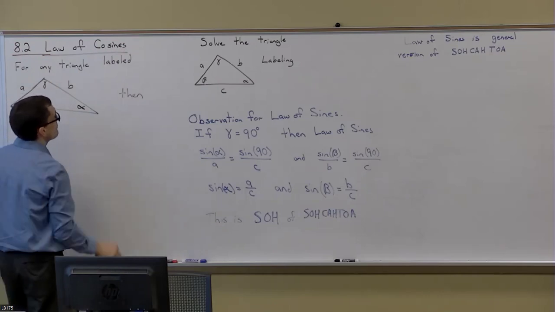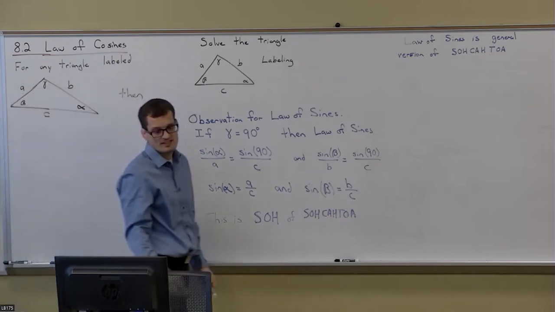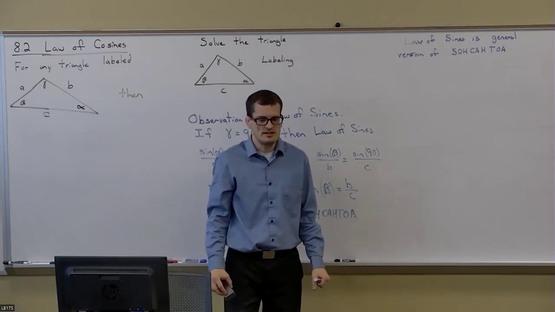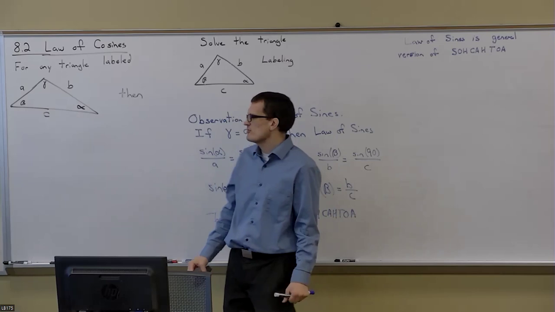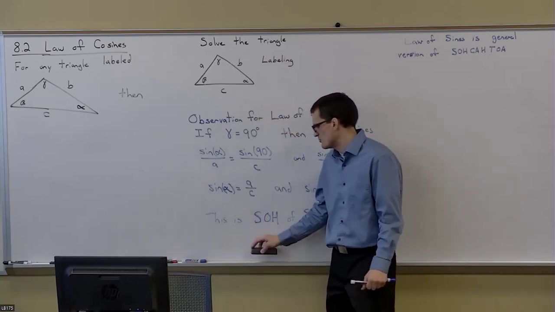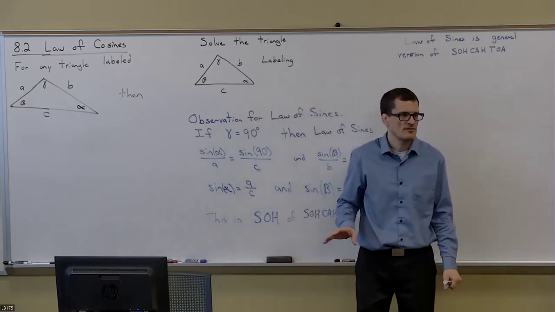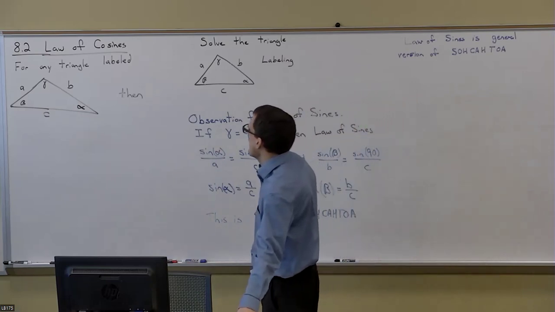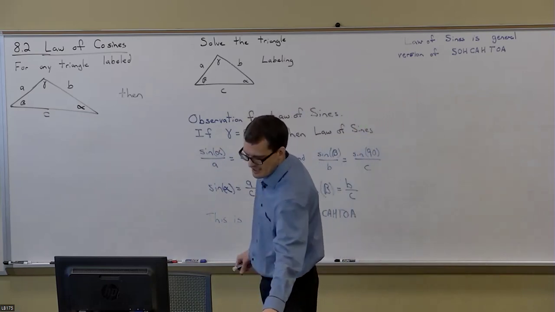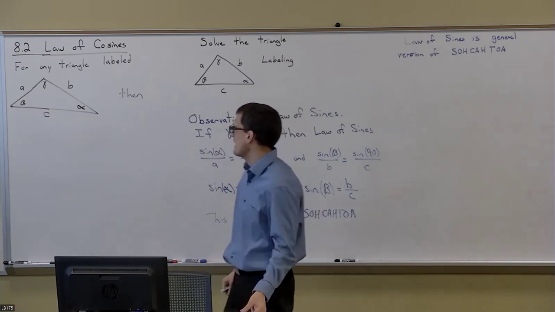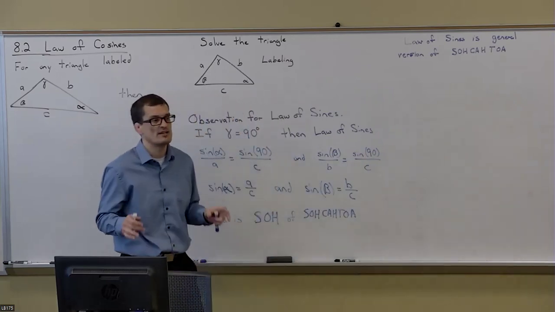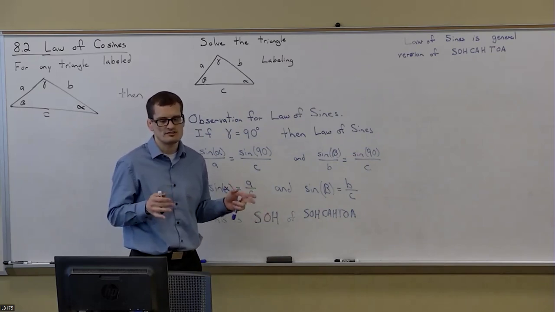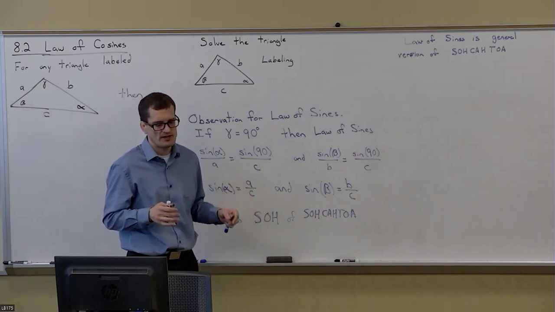Now, the law of cosines is messier. Not in the sense of how it's done, but it's just messier looking because there's more variables around. Okay. And what it is, it's kind of like the Pythagorean theorem adjusted. So it's an adjusted version of the Pythagorean theorem.